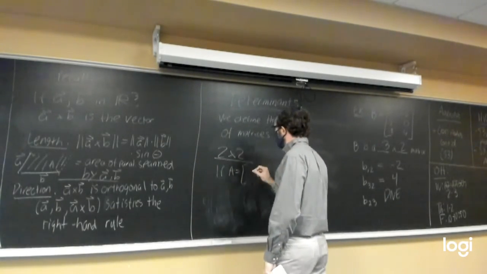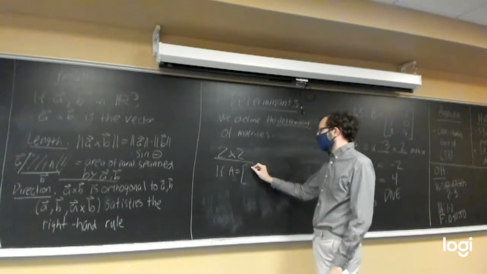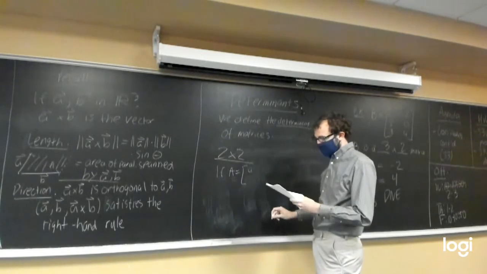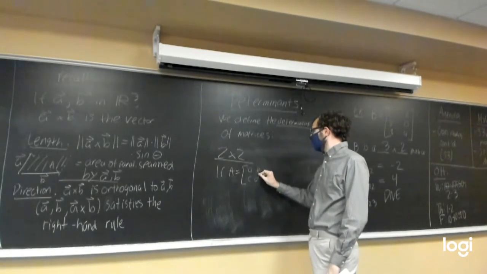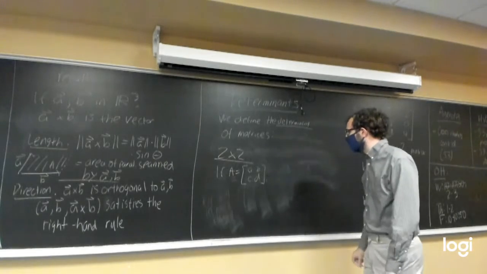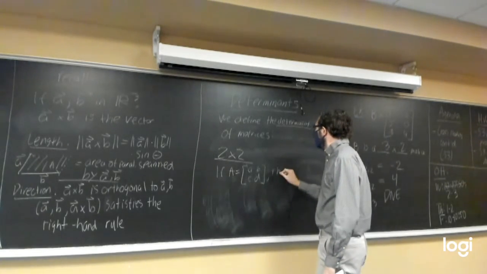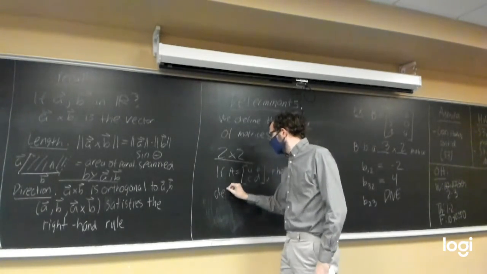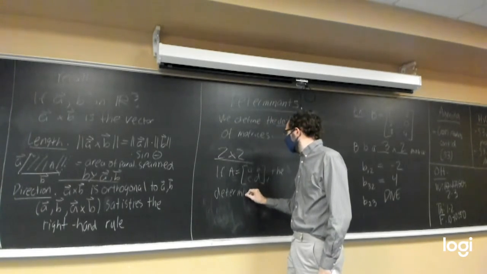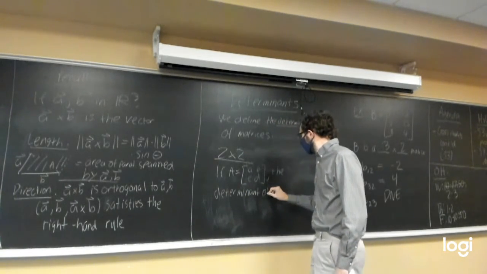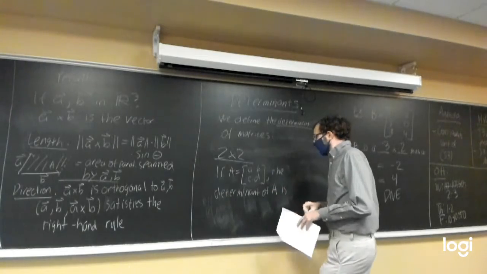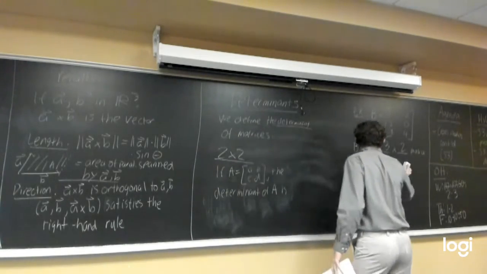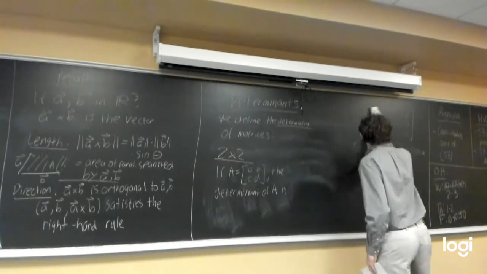let's say we have a matrix A, and I'm just going to call the components little a, little b, little c, little d. The determinant of A is going to be the following.